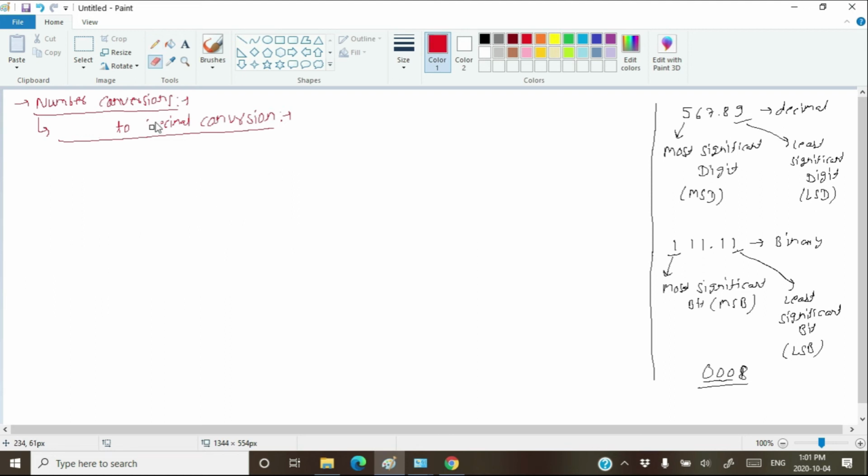The next task is decimal to octal conversion. See how you converted from decimal to binary: you used the repeated division method. You can use the same repeated division method to convert decimal to octal.